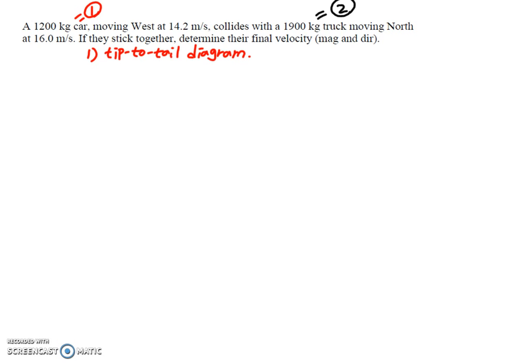Now, before we draw tip to tail, let's visualize this situation. So I have basically number 1 car moving towards west. And I have number 2 car that is moving towards north. And basically the reason I draw this is so that I can pay attention to these two vectors.